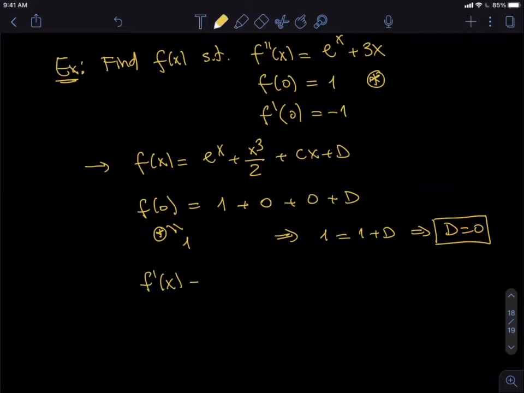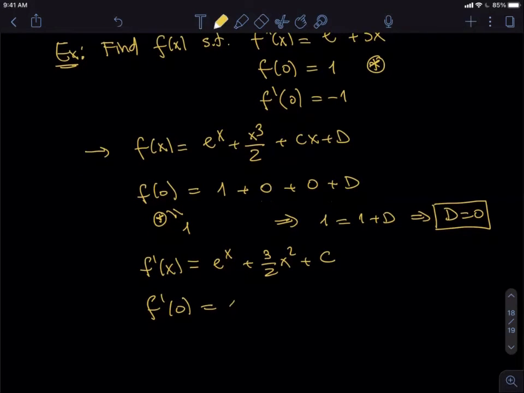When we take one derivative, that's e^x + 3/2 x^2 + c, and then we take f'(0), which is 1 + 0 + c, and we want it to be -1 by condition star 2.